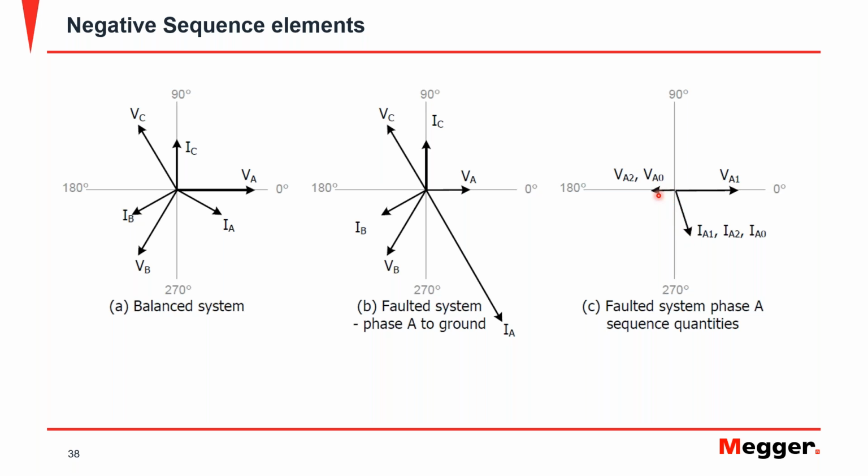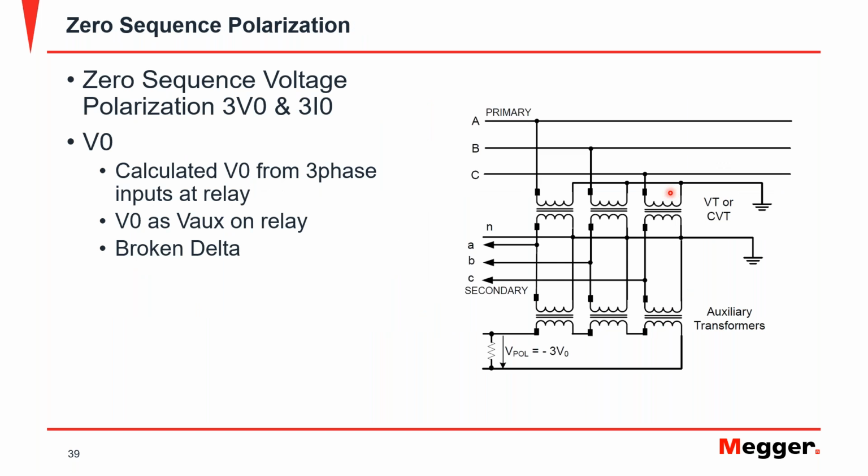See how the current in this case is leading the voltage, and therefore we can say that in this case it's a forward fault. This is a topic that I believe we should do a webinar about, talking only about negative sequence and even zero sequence polarization, or perhaps ground element polarization. It's a very rich topic.